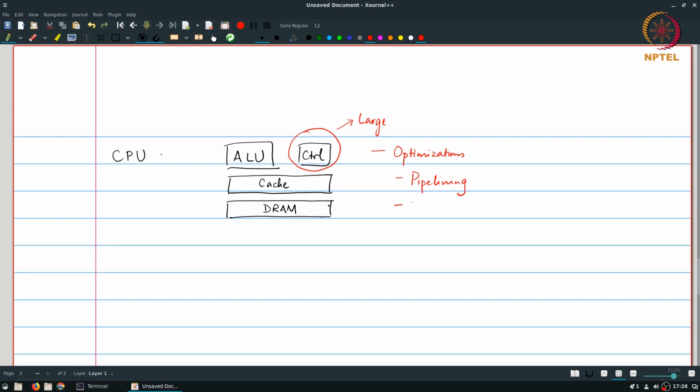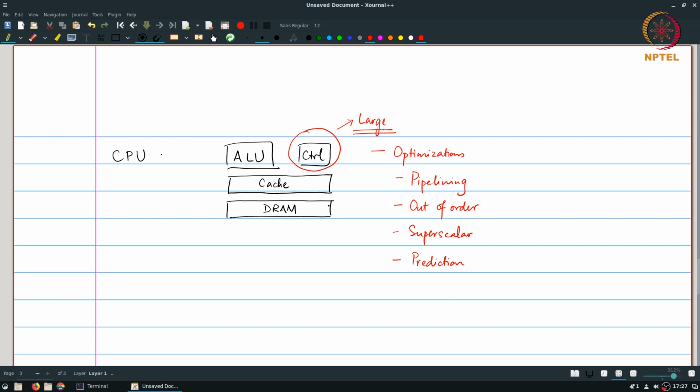But apart from that, you would also have out of order execution, superscalar execution where more than one instruction is implemented at the same time, prediction and dynamic behavior, meaning that you are trying to predict what kind of behavior the program is going to take, and appropriately try and run the program without having any loss of clock cycles, and so on. This makes the control logic fairly large and complicated and also power hungry.